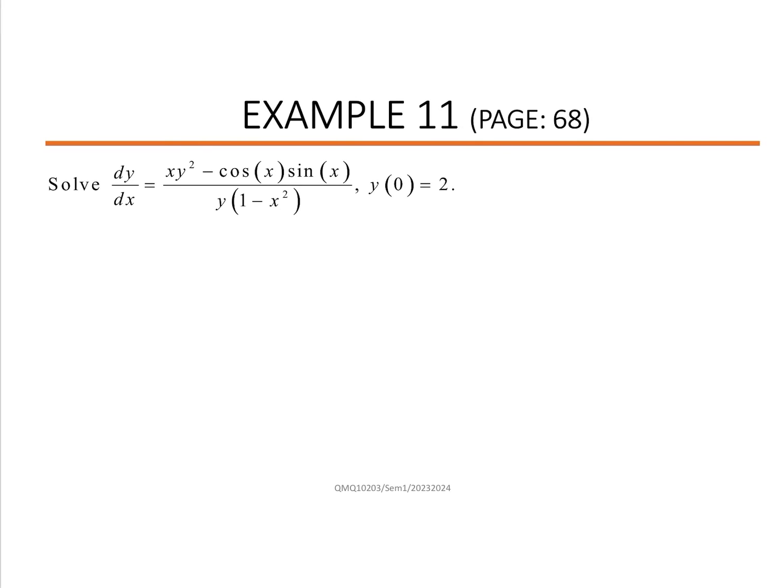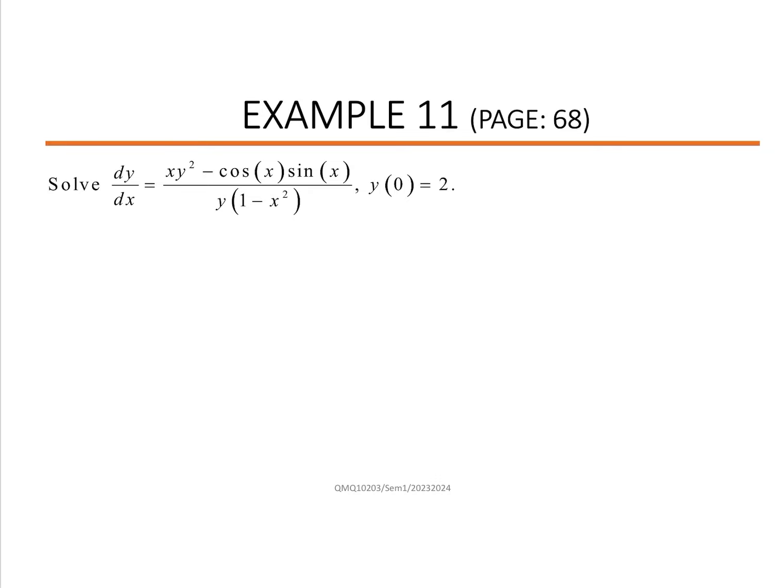Example 11. This one comes with the initial condition: when x equal to 0, y equal to 2. Solve dy over dx equal to xy square minus cos x sin x over y(1 minus x square). First, let's rewrite this equation so that it represents the exact equation standard form, where you have M(x,y) dx minus N(x,y) dy equal to 0.